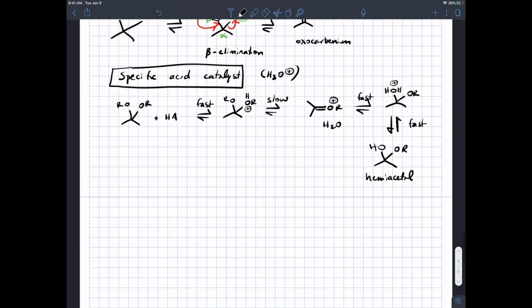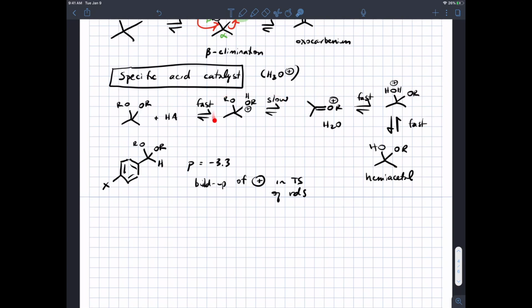Let's see. Hammett analysis of benzaldehyde diethyl acetal. That is, you take the benzene ring and you put an X group on there. It gives you a rho of minus 3.3, which supports the buildup of substantial positive charge in the transition state of the rate determining step.